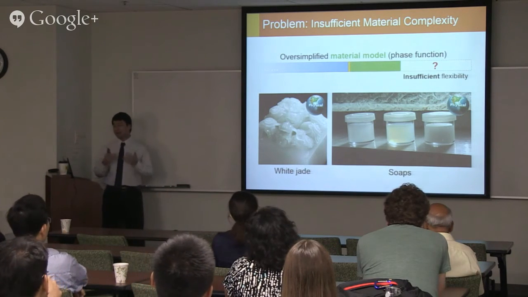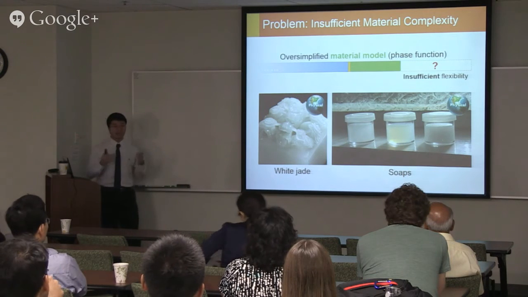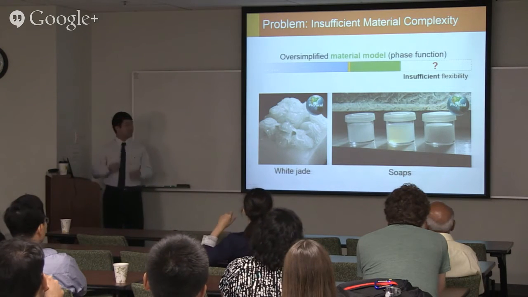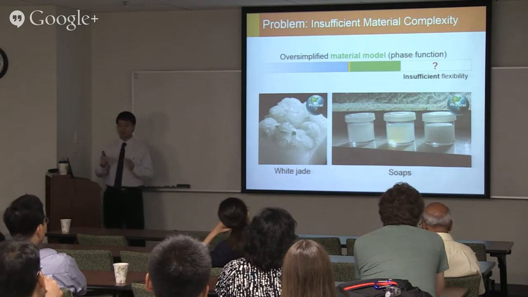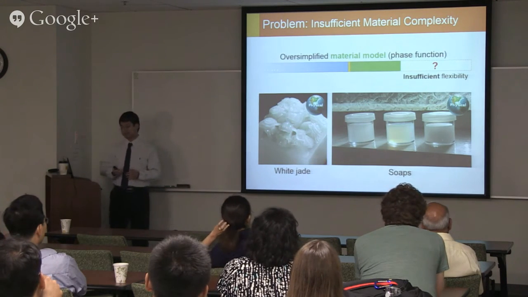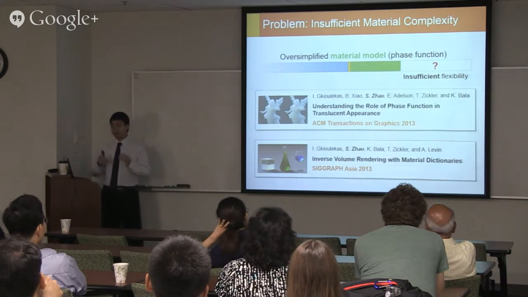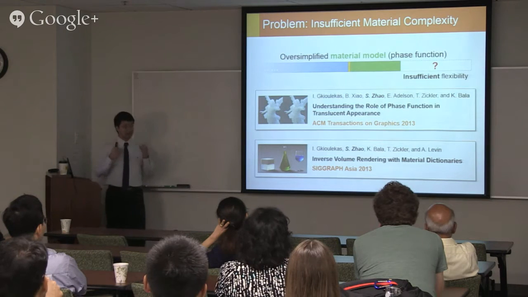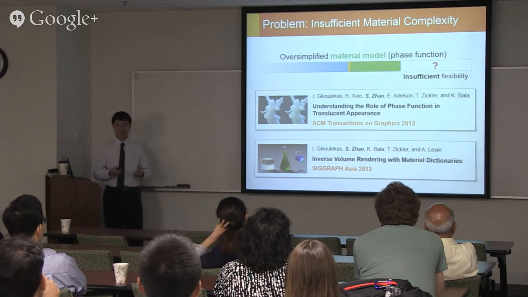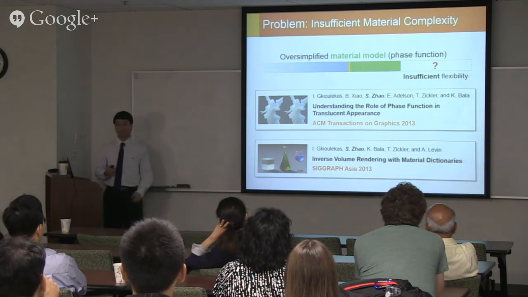They cannot accurately reproduce the appearance of many real-world materials, such as this white jade or these soaps, even when they do not have very complicated surface structure. To tackle this problem, we developed new techniques that enriched our phase function arsenal. And this is the one that took $4,000.